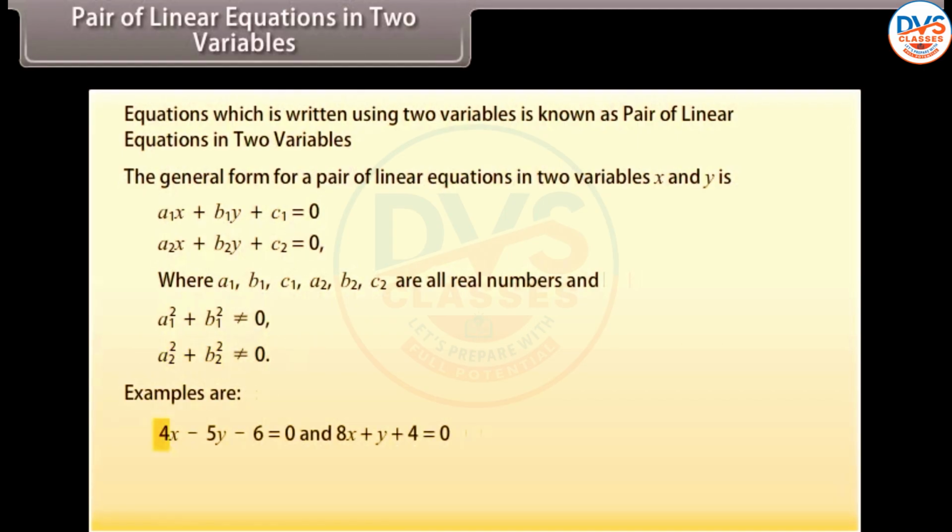Examples are 4x - 5y - 6 = 0 and 8x + y + 4 = 0; x + y = 12 and 7 = y.